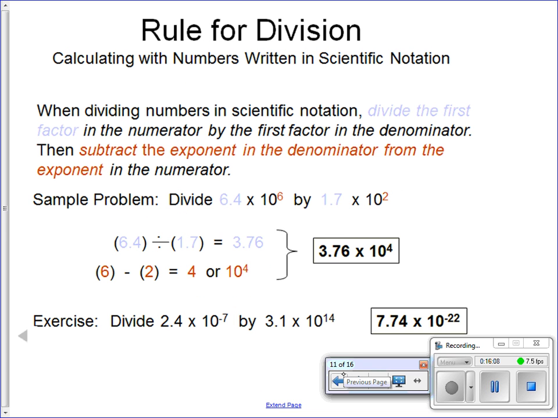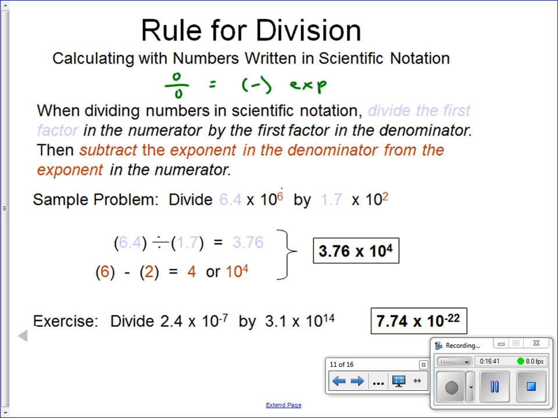Remember that when you're dividing in scientific notation, you're going to first divide the mantissas and then subtract the exponents. So when you are dividing, you subtract the exponents. Okay, first we have 6.4 times 10 to the 6th divided by 1.7 times 10 to the 2nd. 6.4 divided by 1.7, do your mantissas first, is 3.76.